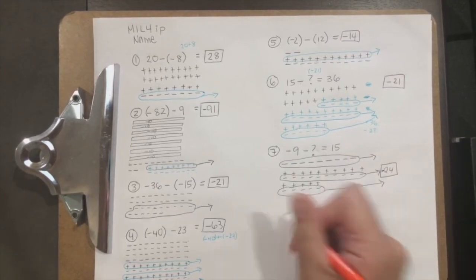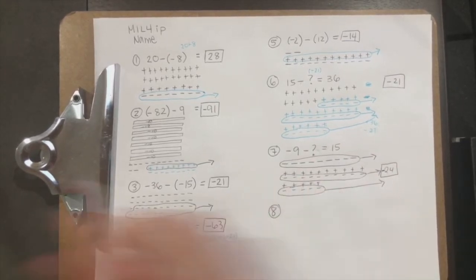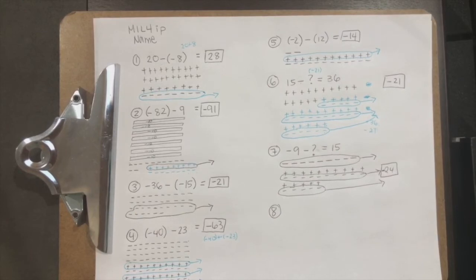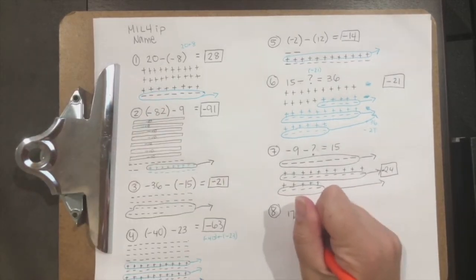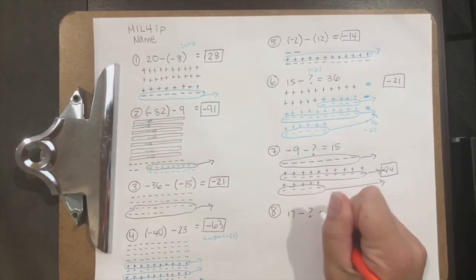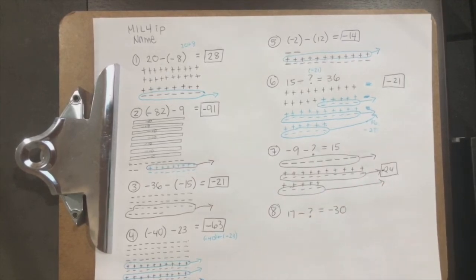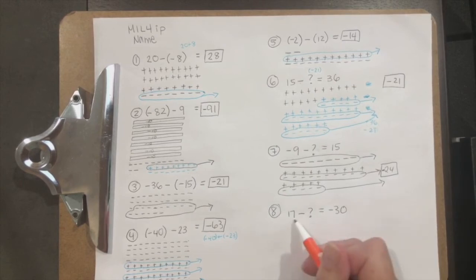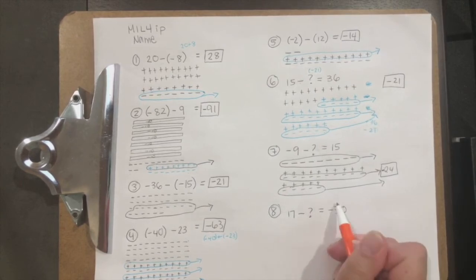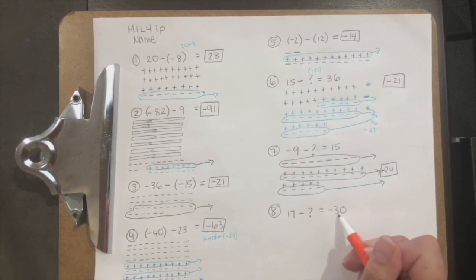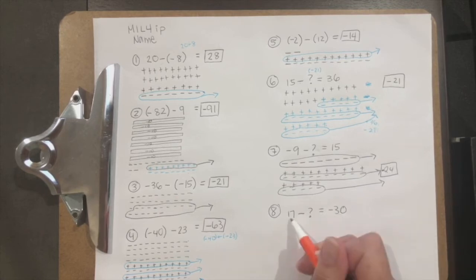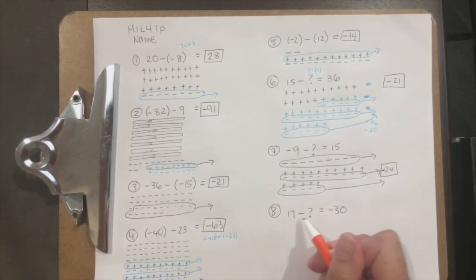All right, let's do number 8. 17 minus question mark equals negative 30. So I'm starting positive and I'm going to take away something and I'm going to go to negative 30. Well, I know if I take away 17, I'm going to end up at 0.